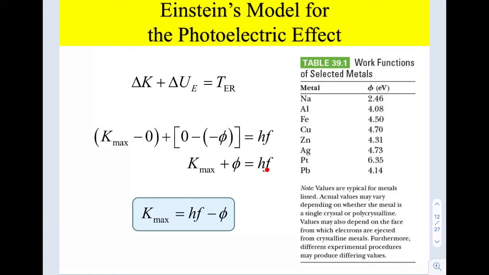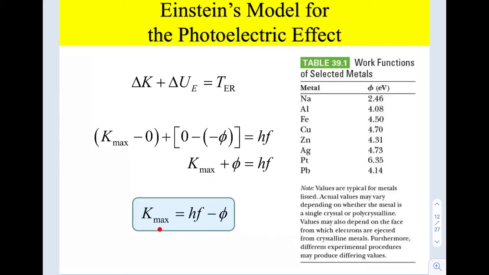This is also conservation of energy, but in the bigger picture where we consider the transfer of energy in terms of electromagnetic radiation, or the energy within our incident photon or incident light.